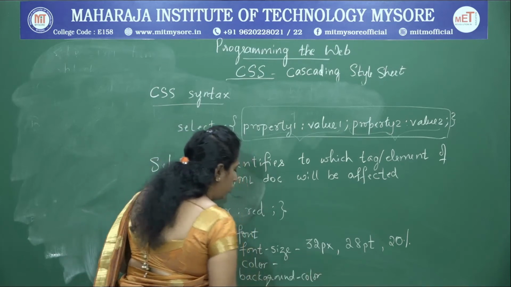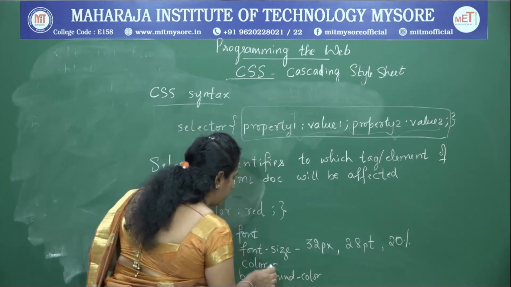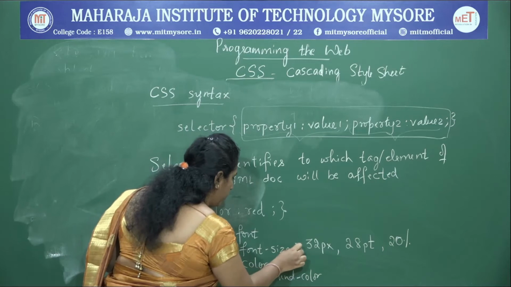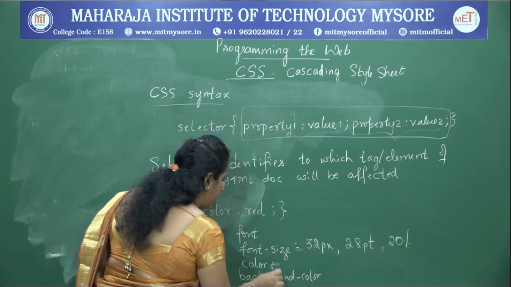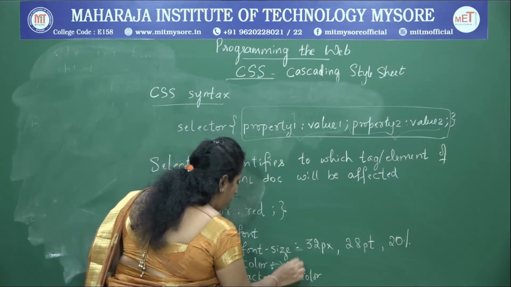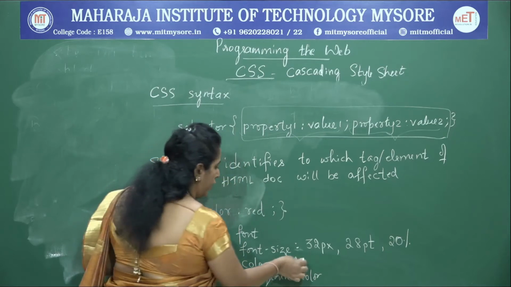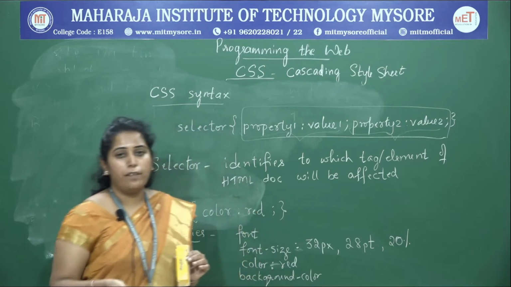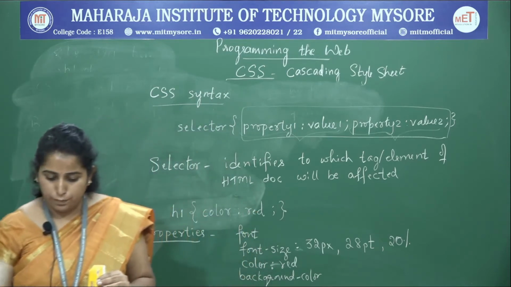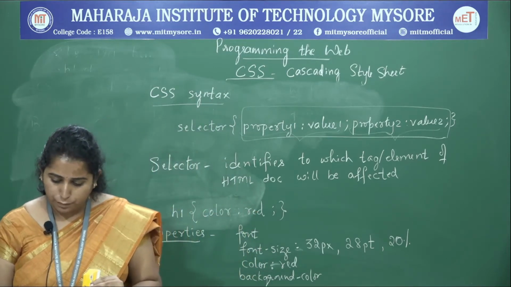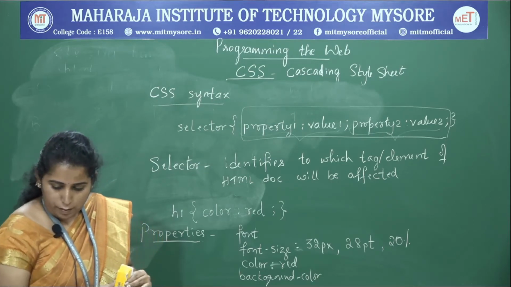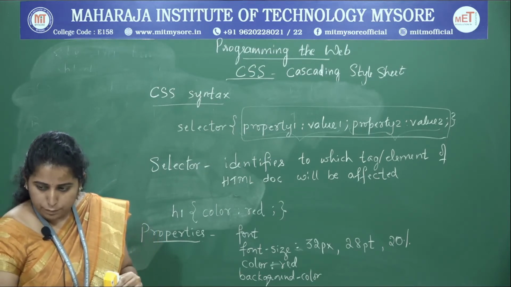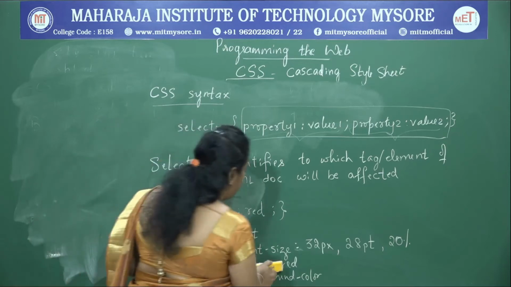Likewise, color. So color means you want to assign color, sorry, you need to give a colon here, is it right? So color, which color you want? Red, you can give red. So instead of writing red, you can also give it in RGB. How?